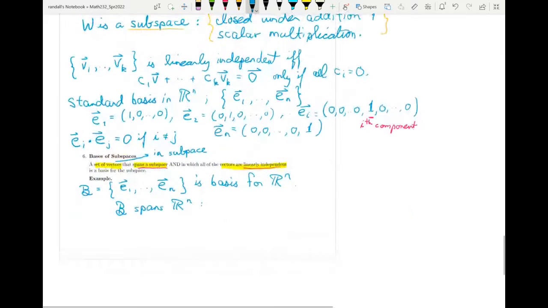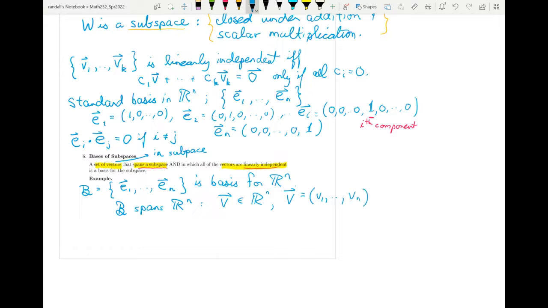So if you have a set of vectors, you're trying to establish that it's a basis for a subspace, you have to show that the set of all linear combinations is that subspace. So the subspace we're talking about here is Rn. Does it span Rn? Well, that means you have to take an arbitrary vector in that subspace, which happens to be Rn, and show that it can be written as a linear combination of the vectors in that basis. So take a V in Rn, and I'll write it out in component form. So V1 to Vn.